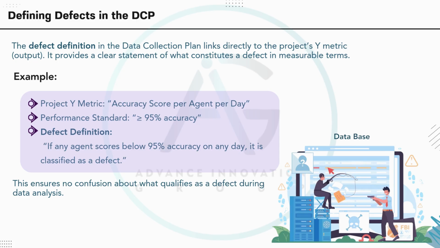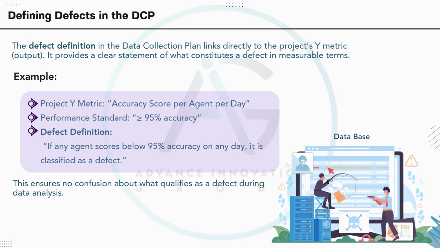The project Y metric is accuracy score per agent per day. The performance standard is greater than or equal to 95% accuracy. So the defect definition becomes, if any agent scores below 95% accuracy on any day, it is classified as a defect. This clarity is powerful.